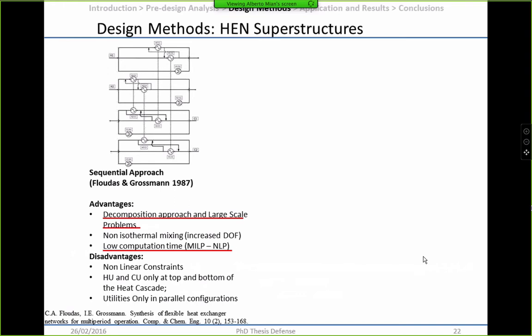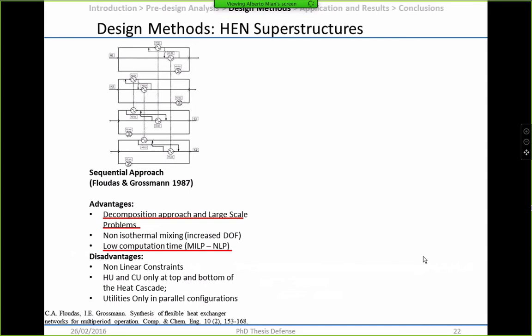In this case, we also increase the degrees of freedom, because in a secondary phase, when you have to design a control, for example, you may be able to play with these degrees of freedom in order to satisfy the process needs without changing the configuration. This approach had a low computation time.